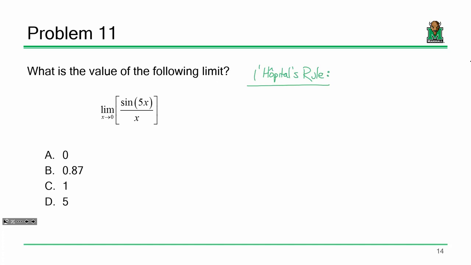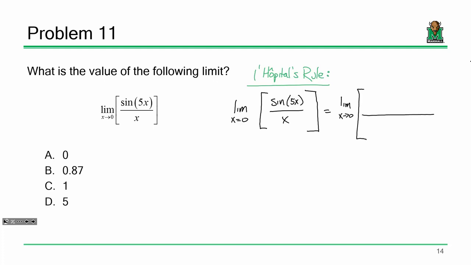So what you do is you say, if I have a limit and I plug in a value and it's going to give me something like 0 over 0, in order to evaluate that limit, I keep taking derivatives of the top and the bottom simultaneously until I get a form that is solvable.